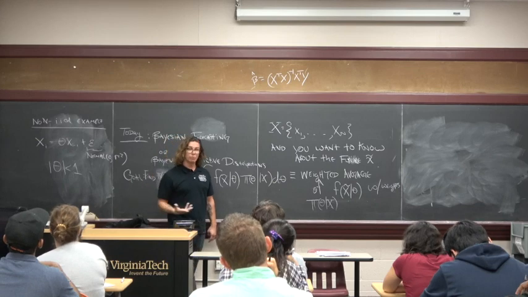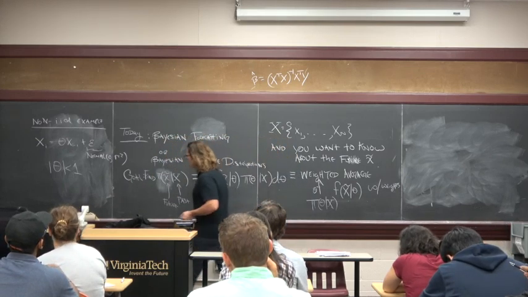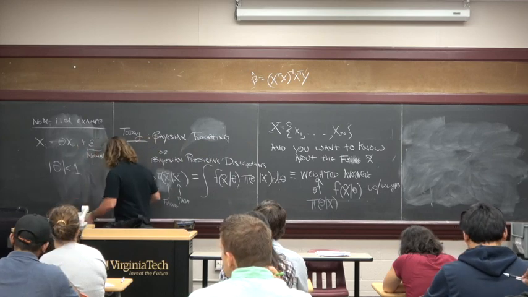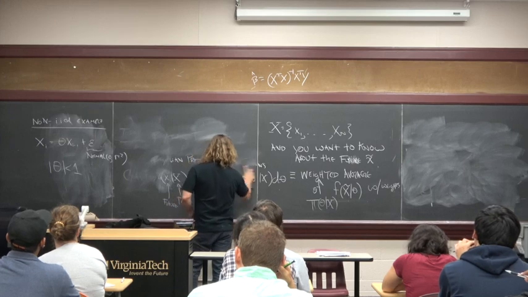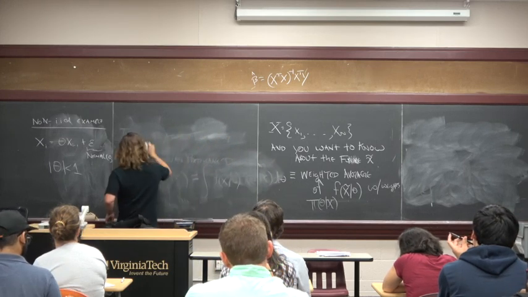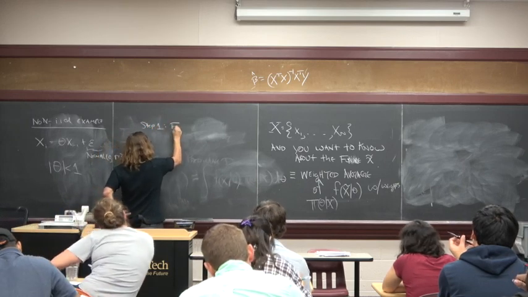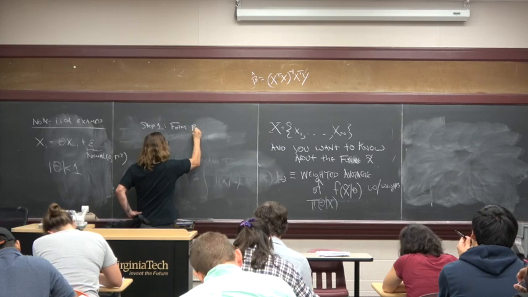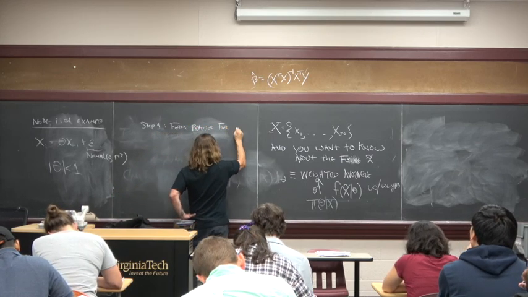And I'm going to have you play around with this model in the future. Maybe this is homework 3. You'll get some experience in writing down these likelihoods. But basically, I just need to form the posterior, just as we did before. So step 1, form the posterior for theta.